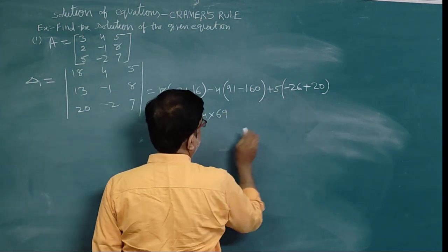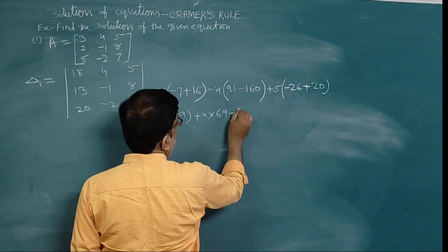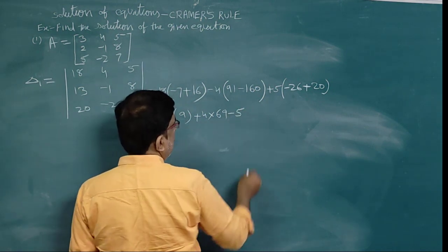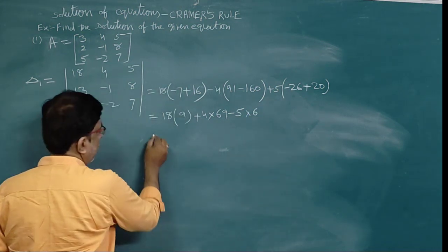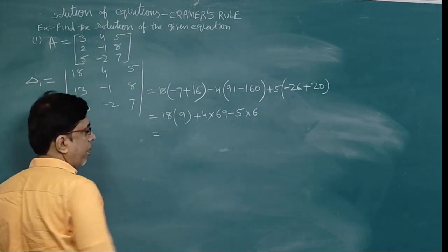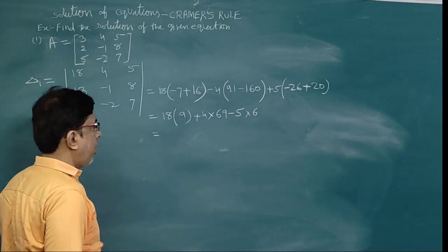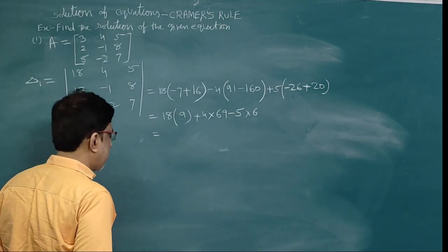Minus 26 is more, so it will become 5 minus. If you do this whole thing, then you will get the answer.